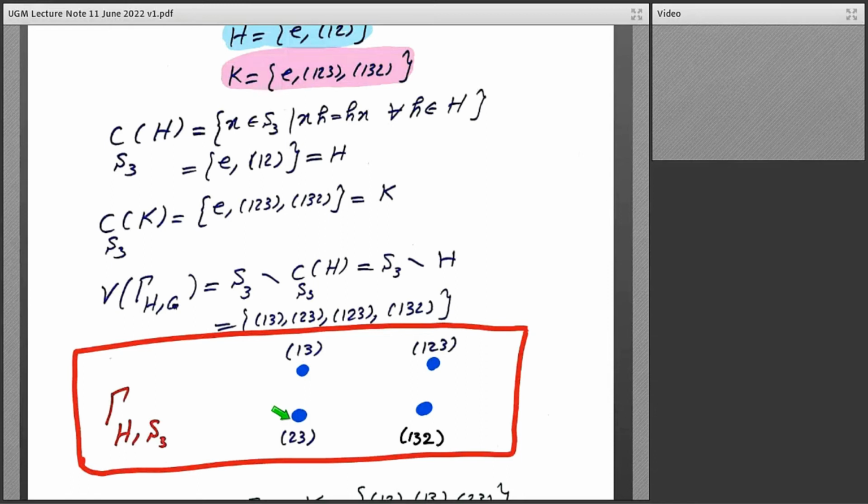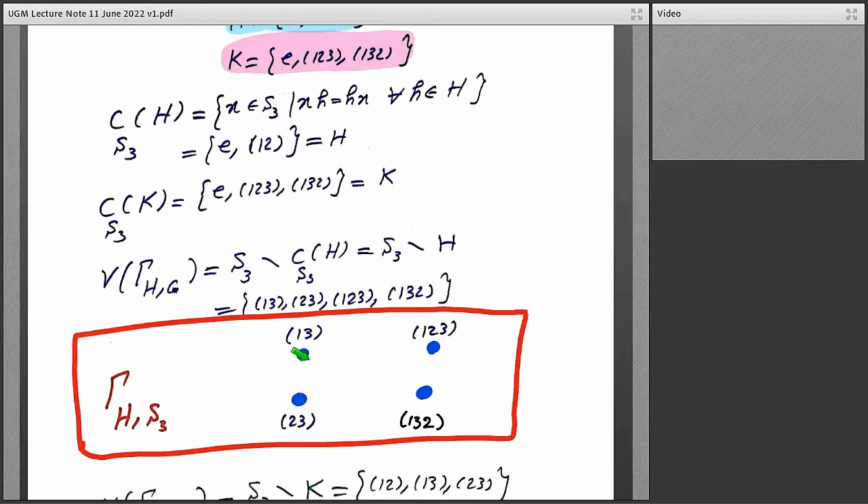In spite of the fact that (1 3) and (2 3) do not commute, because if we have an edge between them, we should have at least one of (1 3) or (2 3) in H. But (1 3) and (2 3) are not in H. So we don't have any edge between (1 3) and (2 3).